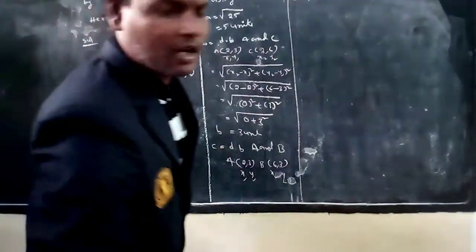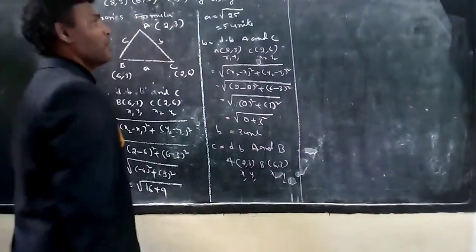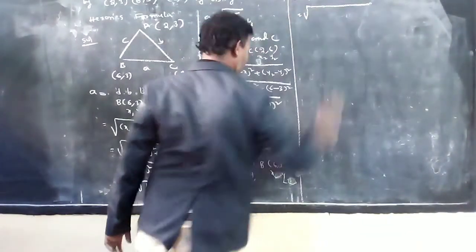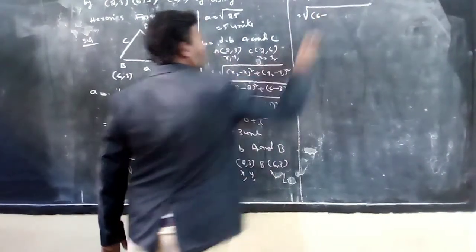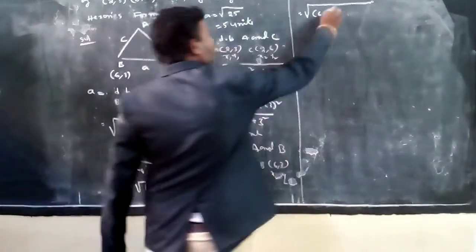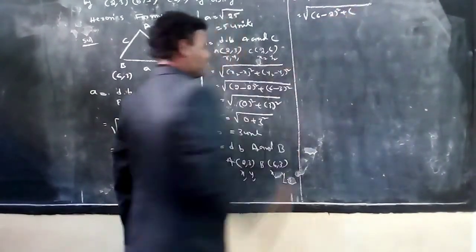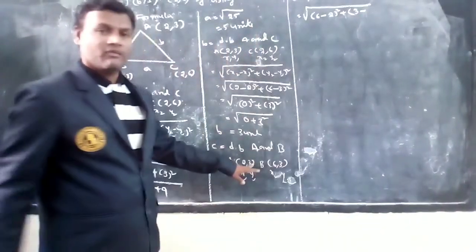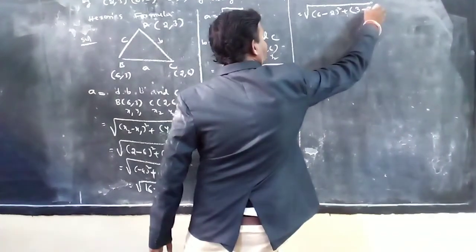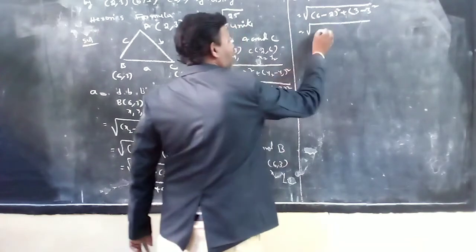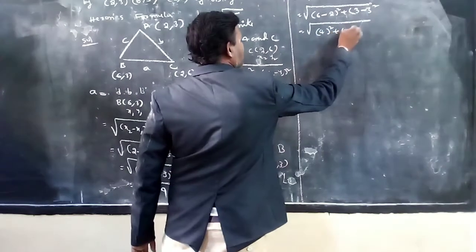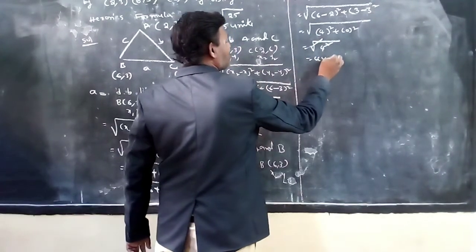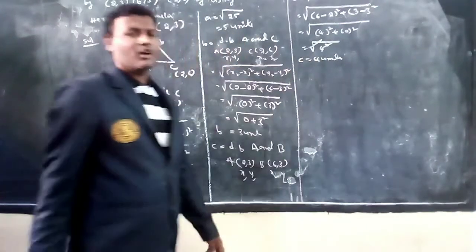The square root of (6 minus 2) plus (3 minus 3) whole square is 6 minus 2 is 4 and this is 0 square. So finally the square root of 4 square. The square root cancels the square, so what is the answer? 4 units. c is equal to 4 units.